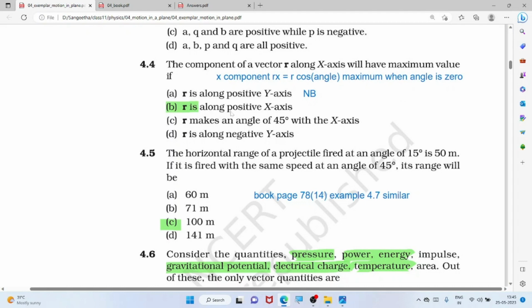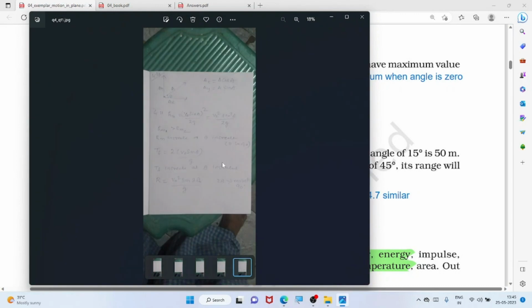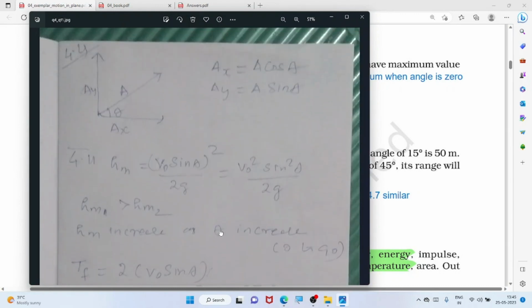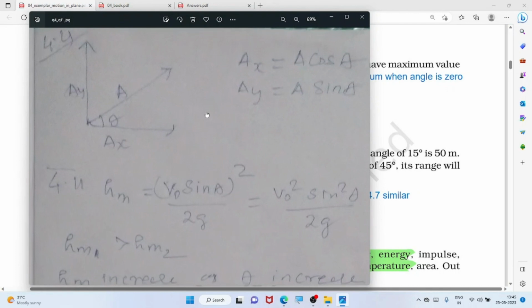So here this will be maximum when theta is 0.